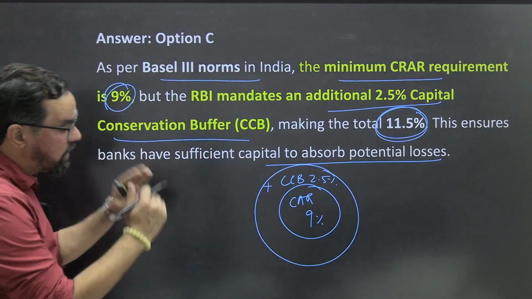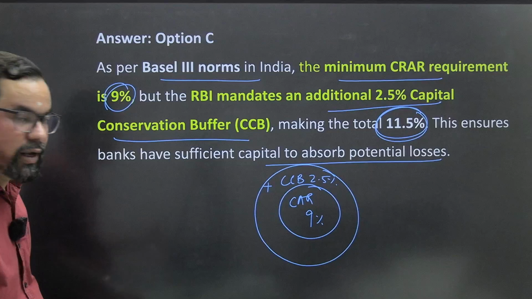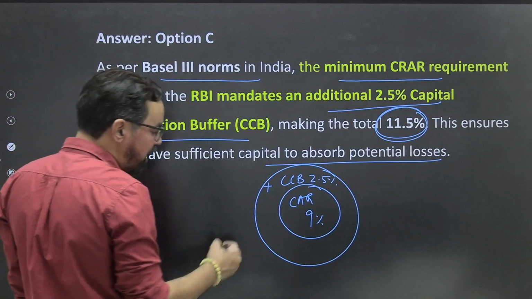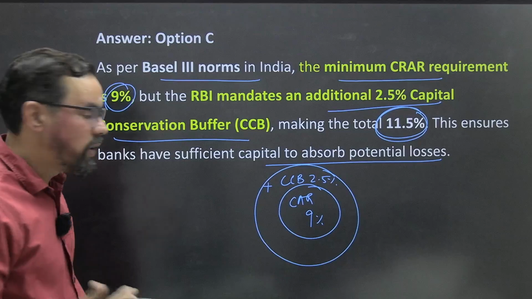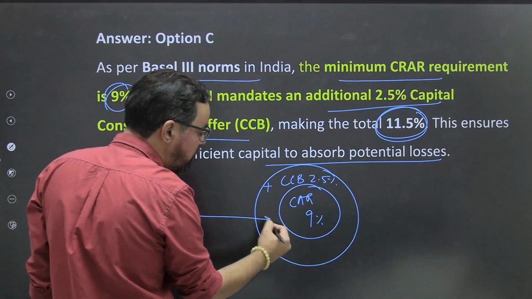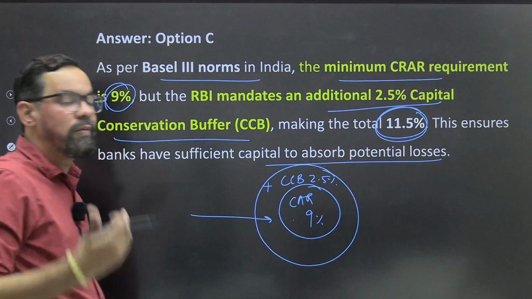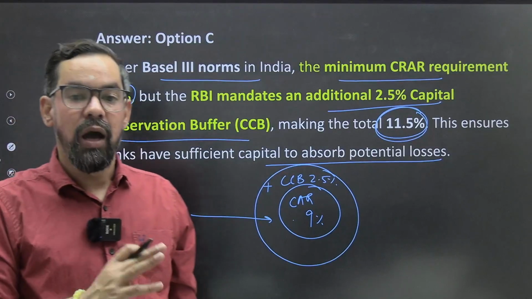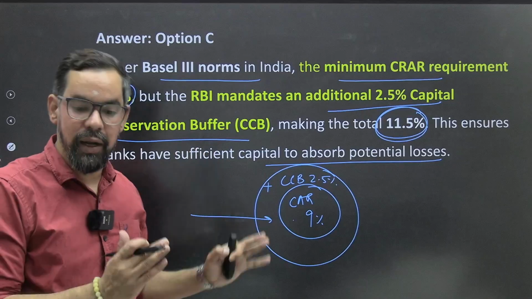We added one additional layer apart from the CAR or CRAR, ठीक है. So if something happens in the market, if there is some crisis like 2007-08, first it will hit or breach this particular one, ठीक है, then it will come here. तो उससे पहले we will get enough time to handle that particular situation, ठीक है. ये दो तो आपका kind of mandatory हैं.